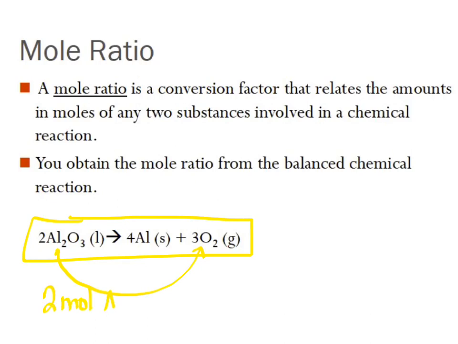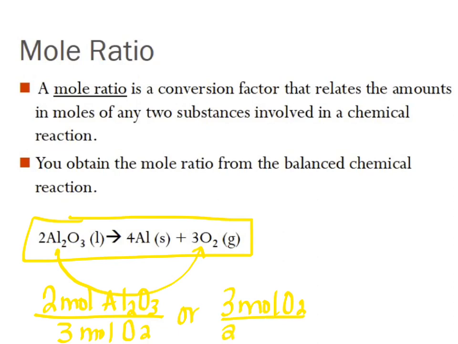Remember, these are conversion factors, so I can say 2 over 3 O2, or we can say 3 moles of O2 over the 2 moles of Al2O3.